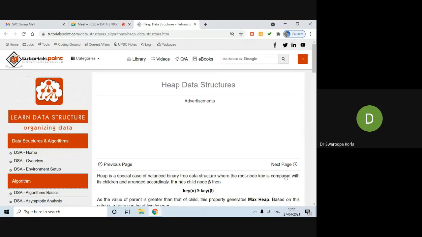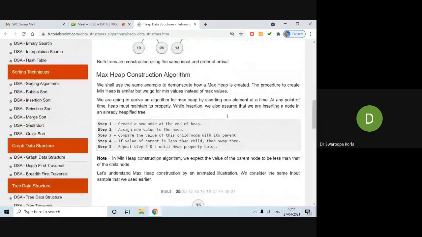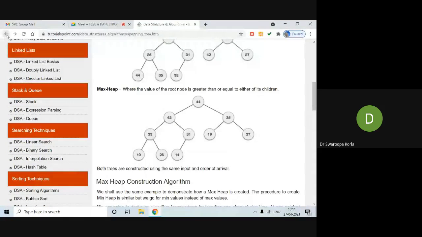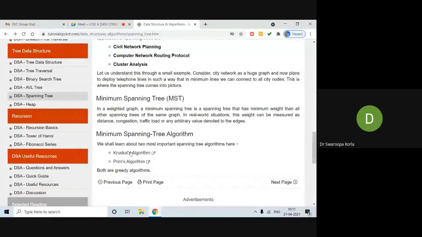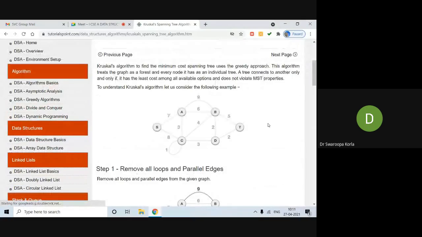Now we know what is a spanning tree, how to construct a minimum spanning tree, and what the applications of this spanning tree are. Now we know the important algorithms introduced to find out the MST. The first one is Kruskal, second one is Prim's. See, for this 15 minutes, please listen to me carefully.